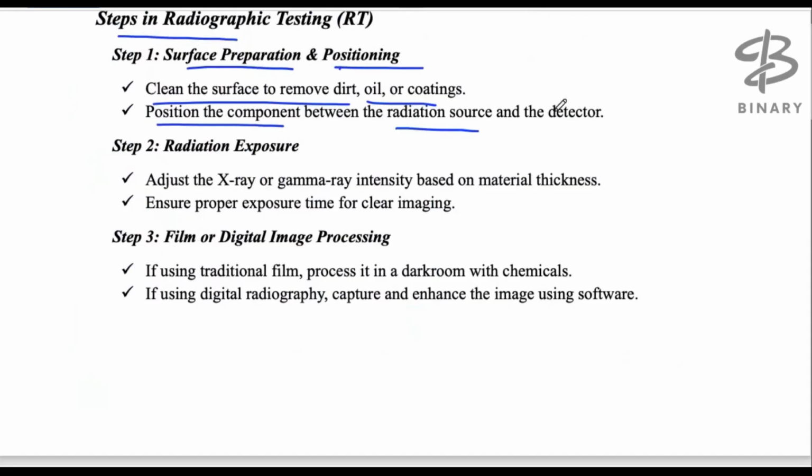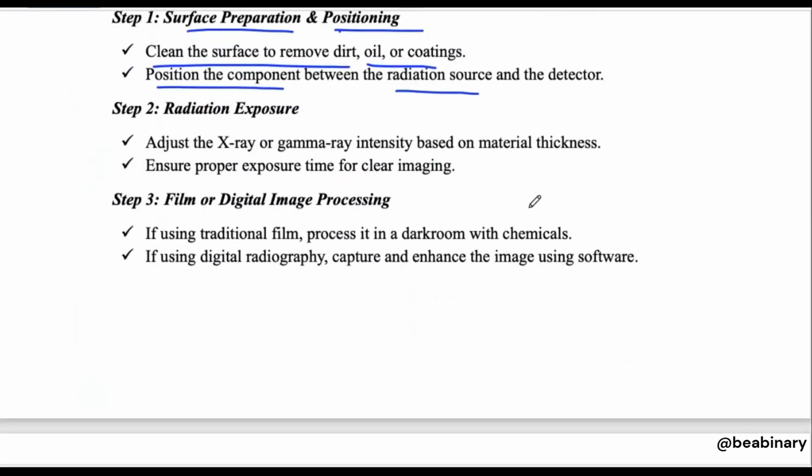So for that we must have a specific place inside our lab, so that we can keep that material or component in that particular position, so that we can have a proper incidence of the X-rays and reflection. After reflection, the reflected rays must be incident over the detector, so that the detector can detect easily and can show you the film, or the image in digital imaging.